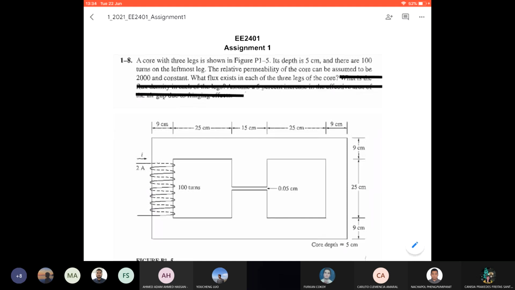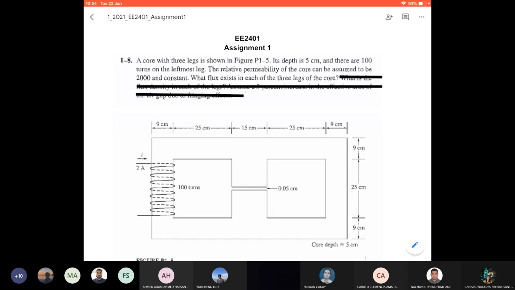Your core has only one binary gap, and this time the winding is on the left side, okay, and the core is not symmetrical. As you can see, the center leg is a little bit larger than the rest, left and right. I'll come back to the starting point in a moment.